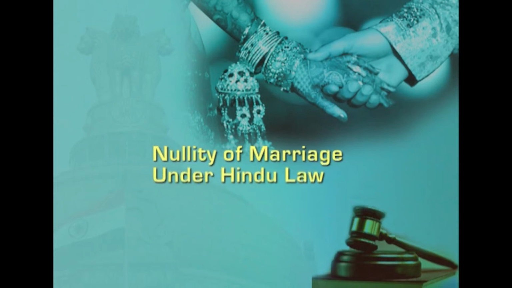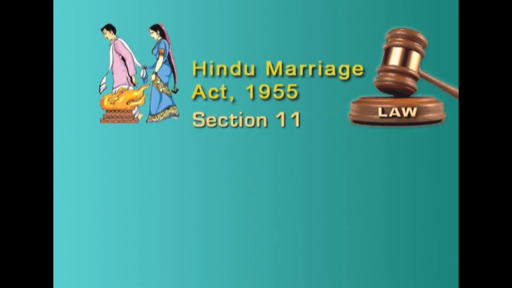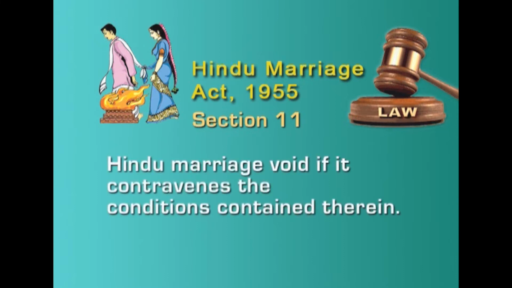Under Hindu law, Section 11 of the Hindu Marriage Act declares a Hindu marriage void if it contravenes the conditions contained therein. As the parties lack the capacity to marry each other, even the conducting of marriage ceremonies does not confer the status of husband and wife.